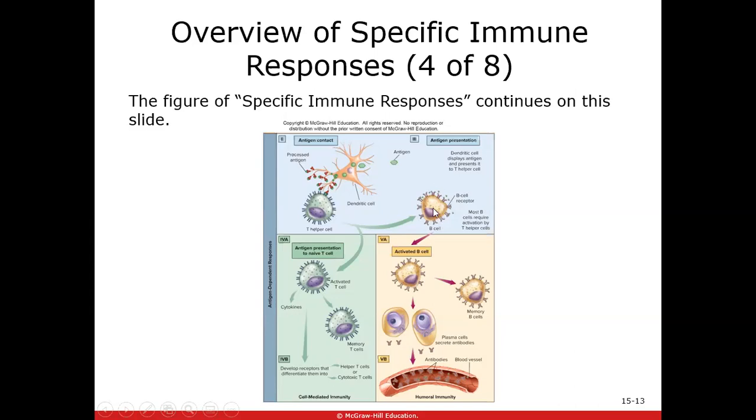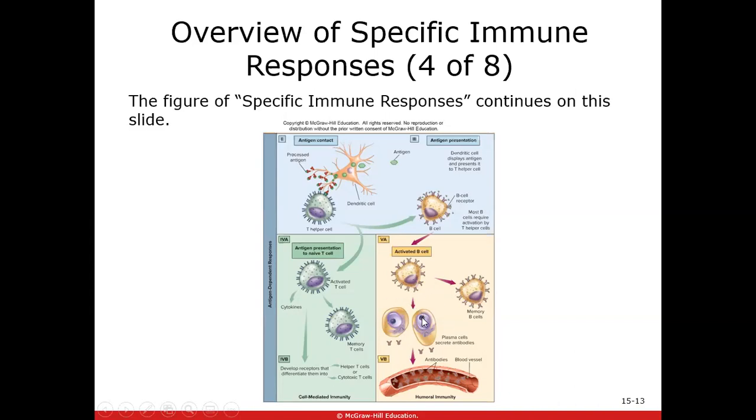Once the B lymphocyte becomes an activated B cell, it can go one of two ways. It can make more of itself and keep a memory of that antigen. So it's a memory B cell, and that's where you can get memories for years once you've been exposed to something. And also it can produce plasma cells.